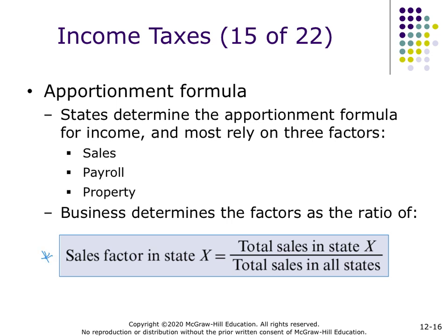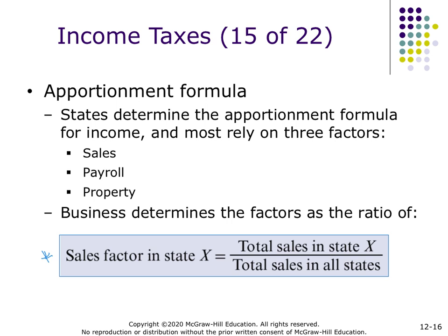Business income includes all revenues earned in the ordinary course of business, less sales, cost of goods, and other expenses. They're divided across the states where nexus exists, and interestingly, businesses can apportion if they have nexus in the state, even if that state does not actually impose a tax.